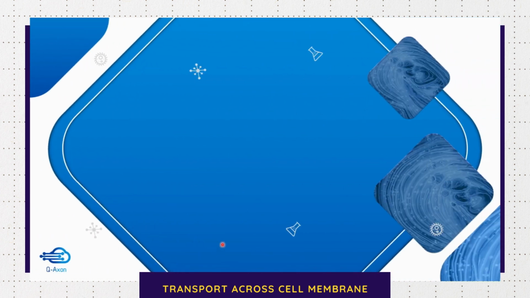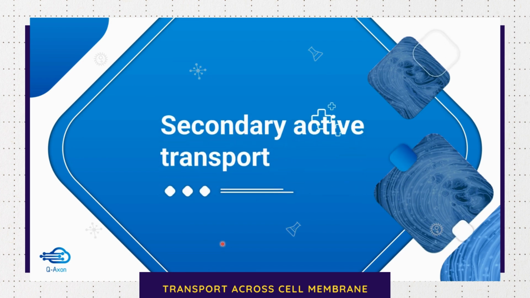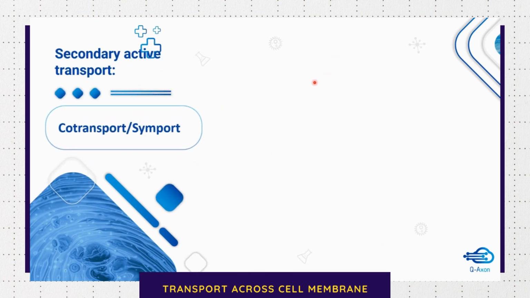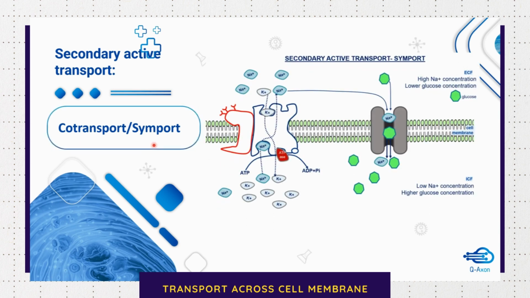There is another mechanism by which active transport works, that is secondary active transport. So let us see how this secondary active transport differs from primary active transport. Now secondary active transport is itself of two types. So first let's see co-transport or symport. To understand this, let's consider one example. So here is the membrane. This side shows the extracellular fluid compartment and this side shows the intracellular fluid.